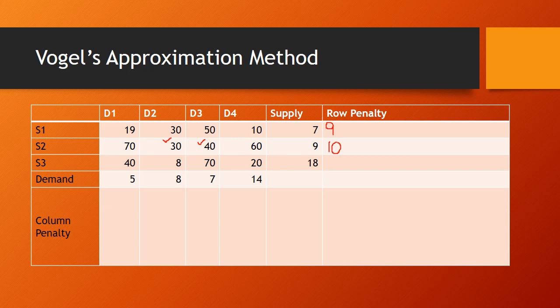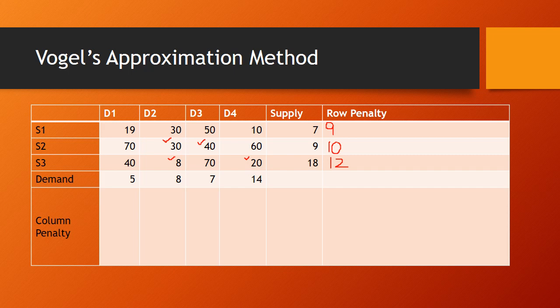Moving to the next row, we have 8 as the least value and 20 as the second least value. So the penalty of this row is 20 minus 8, which is equal to 12. So these are our row penalties.